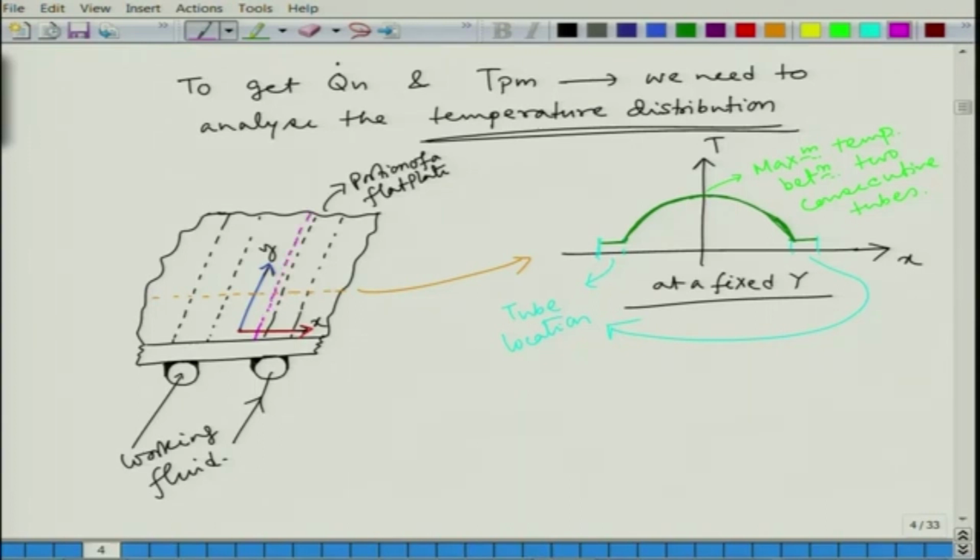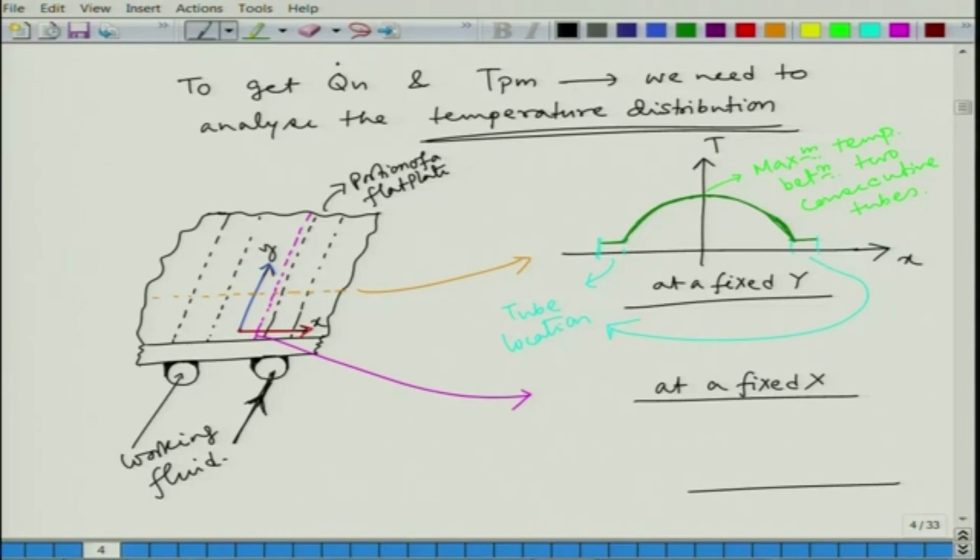Along this line, how will the temperature look? As the fluid flows in through this direction, the fluid temperature will be lower for a lower y value.